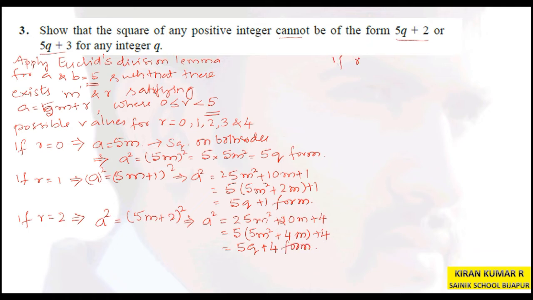If the value of r is taken 3, then the square, a square becomes 5m plus 3 whole square. On expansion, a square will be equal to 25m square plus 30m plus 9.